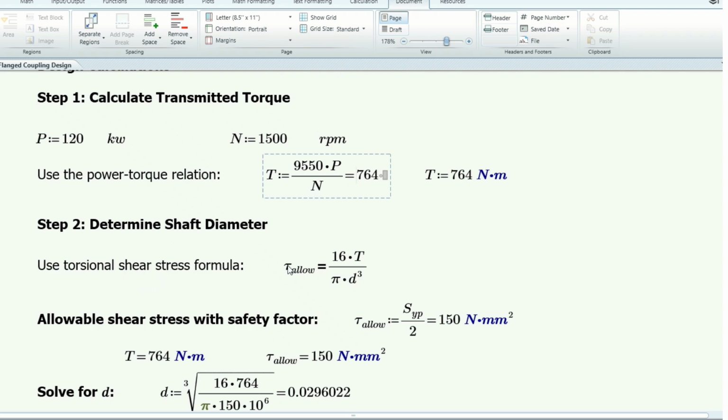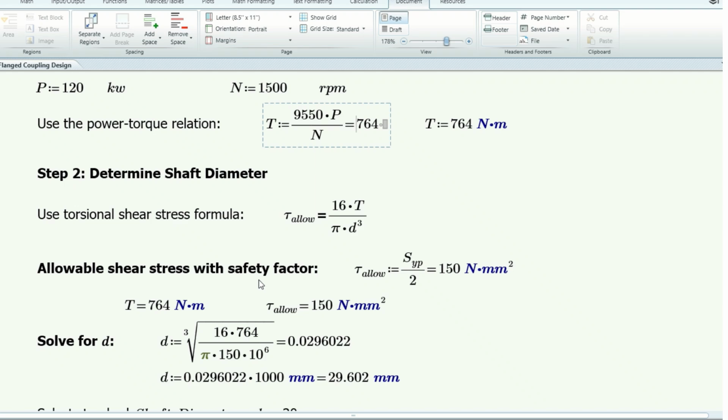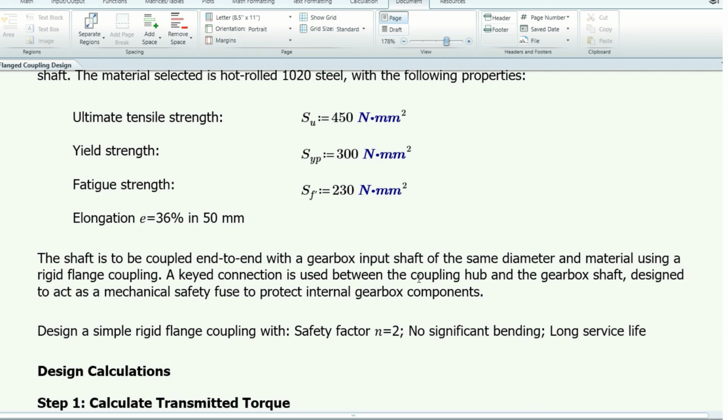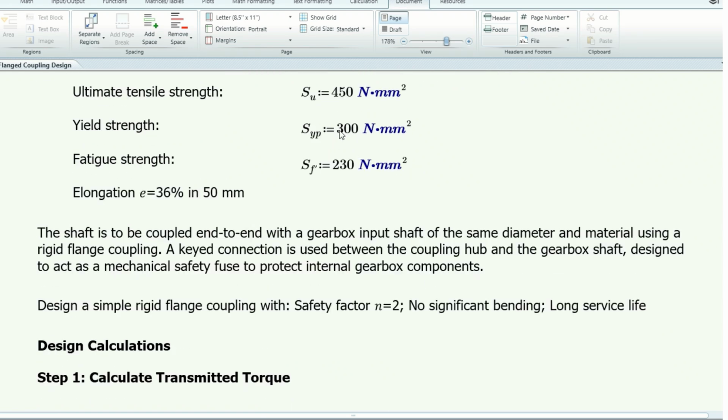Now for that torque, using the torsional shear stress formula, we are going to determine the shaft diameter. Using the formula, tau allow is equal to 16 times T divided by pi d cube. Allowable shear stress with the factor of safety is nothing but our yield strength divided by factor of safety n equal to 2.